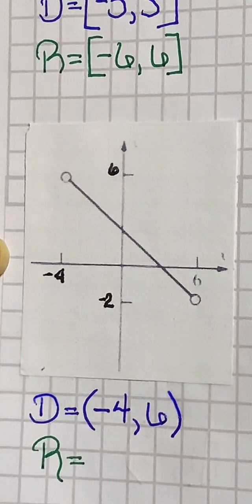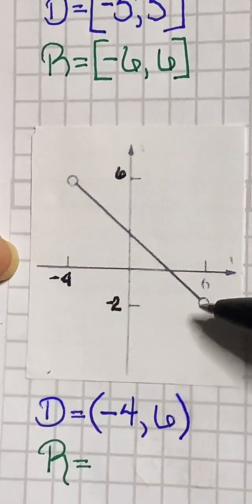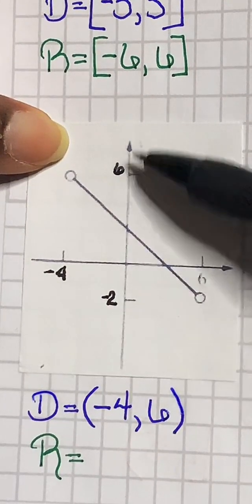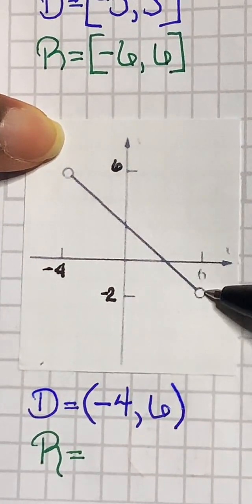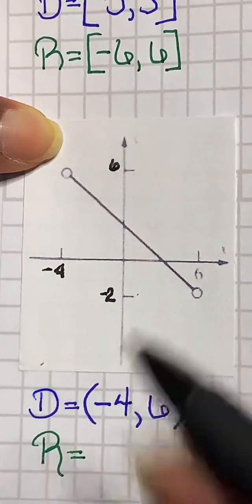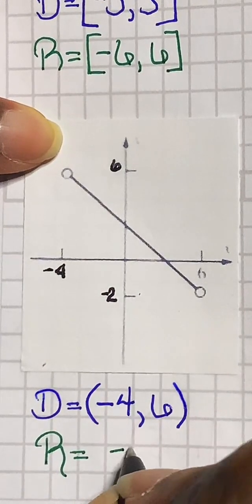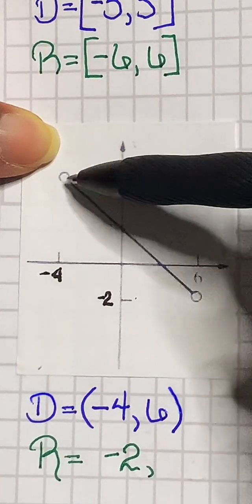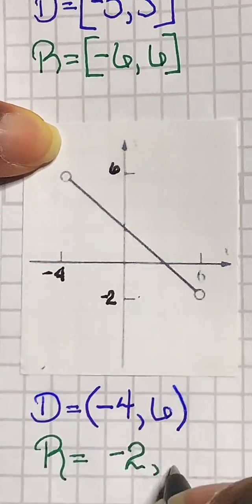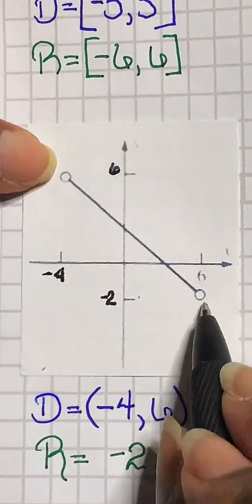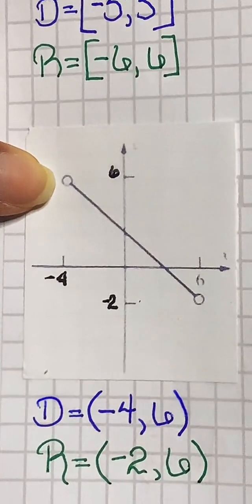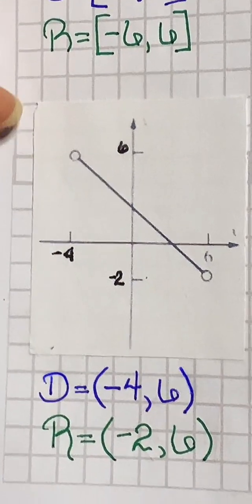Now your range deals with the lowest to the highest point. So it deals with the y's. So my lowest y is here at negative 2. And my y is at positive 6. So since they are open circles, they're not being included, so they're also parentheses.